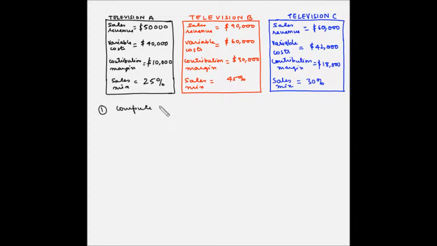So compute the break-even point in sales for the company, assuming that fixed costs total $34,800.